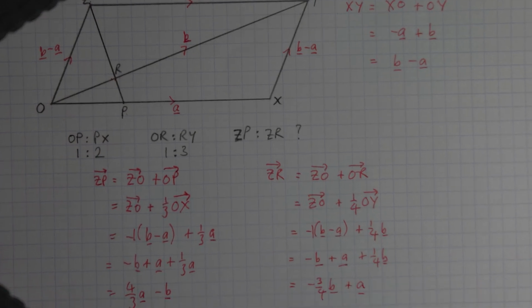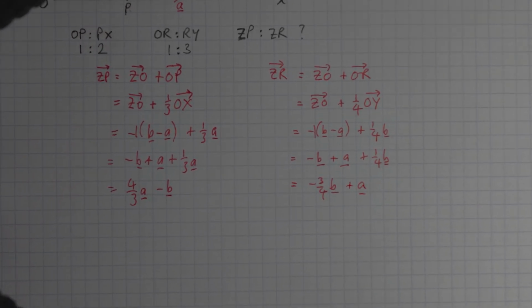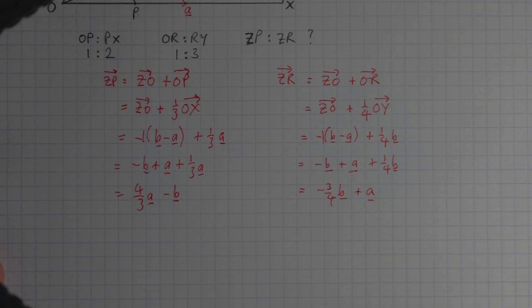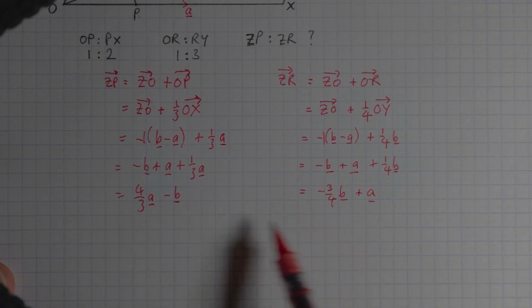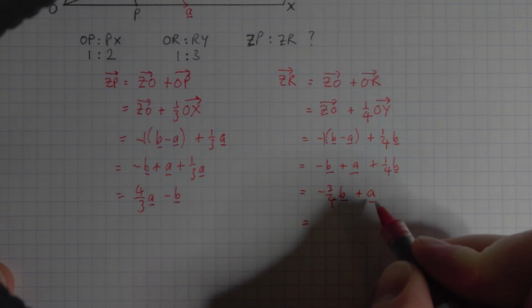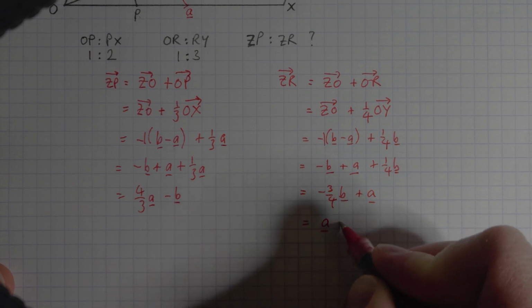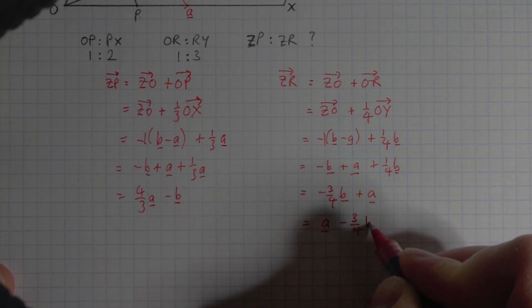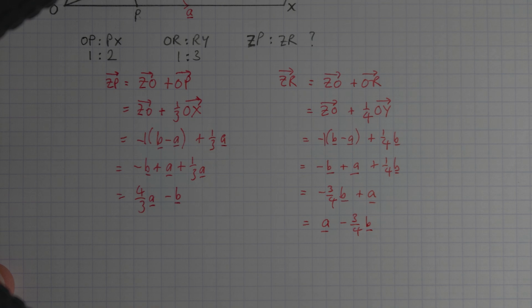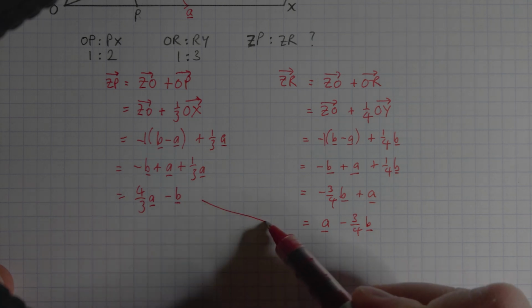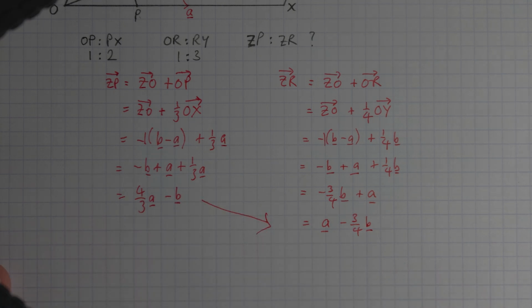Okay, so I've now got my 2 vectors ZP and ZR, and can you see any link between them? Well, maybe if I put this first, let's put the positive term first, it might be easier to see. To get from here to here, I multiply by one particular thing.